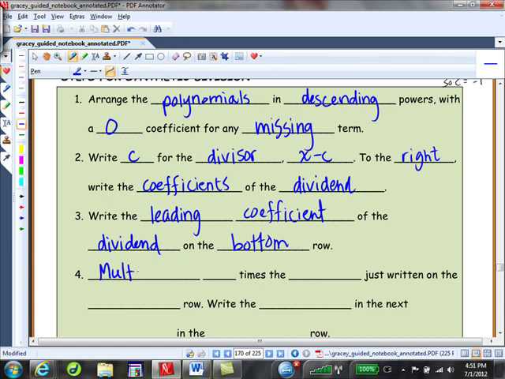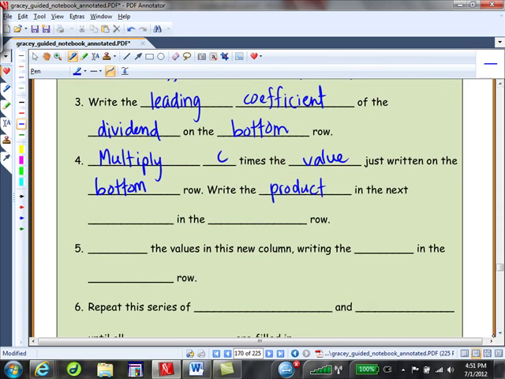Multiply c times the value just written on the bottom row, and write the product in the next column, but in the second row.